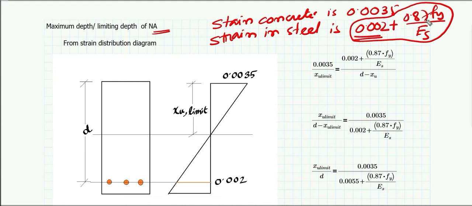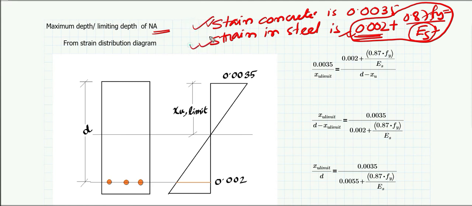Es is the Young's modulus of elasticity of steel. Fy is the grade of steel, or the characteristic strength of the steel, and 0.87 is because of the partial safety factor. 0.002 is the strain at the particular location. So this is the strain in the steel. This is the limiting value.